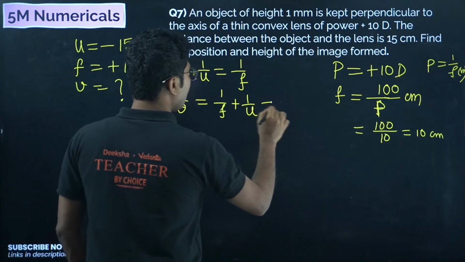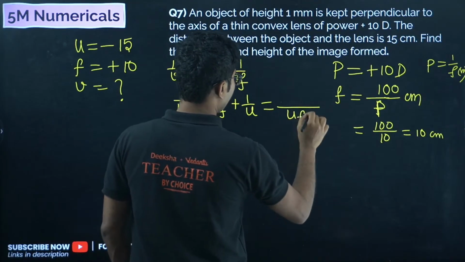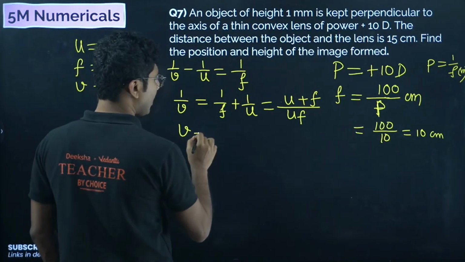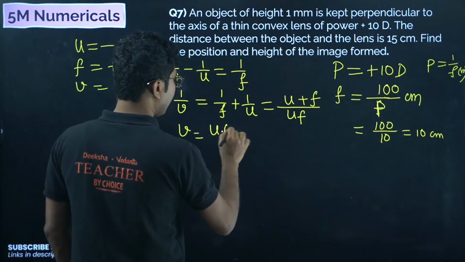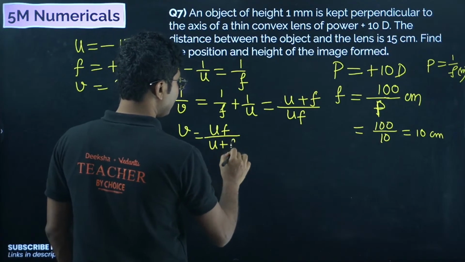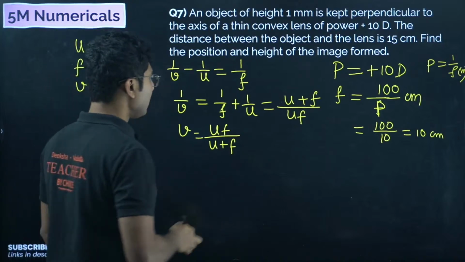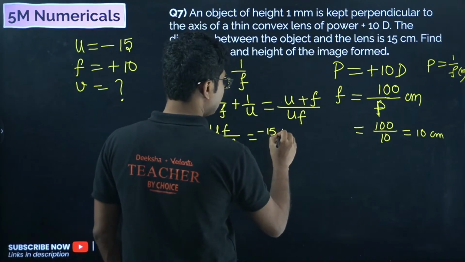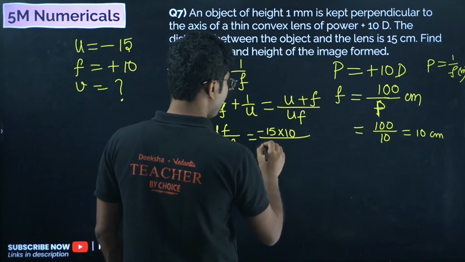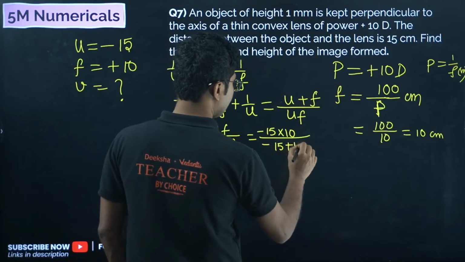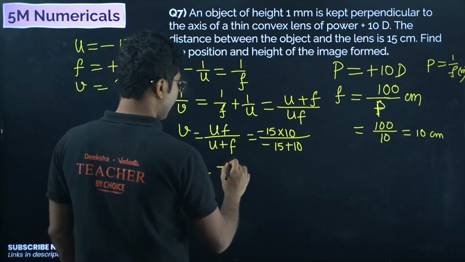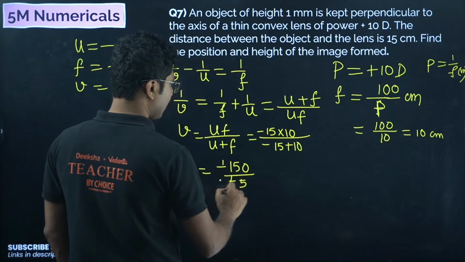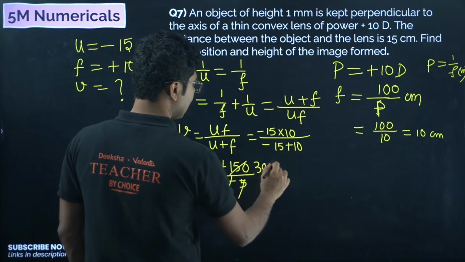Always solve in the smartest way possible so that you don't have to put the values from the beginning and finally make some small mistake and your answer is completely wrong. So u is minus 15, f is plus 10, divided by minus 15 plus 10, that is minus 150 divided by minus 5. Minus minus cancels, you get 30 centimeter.